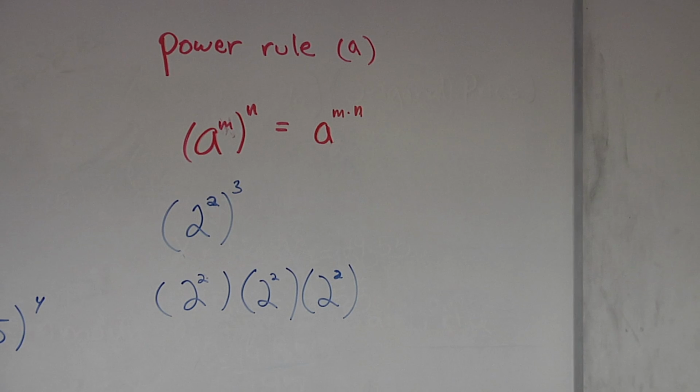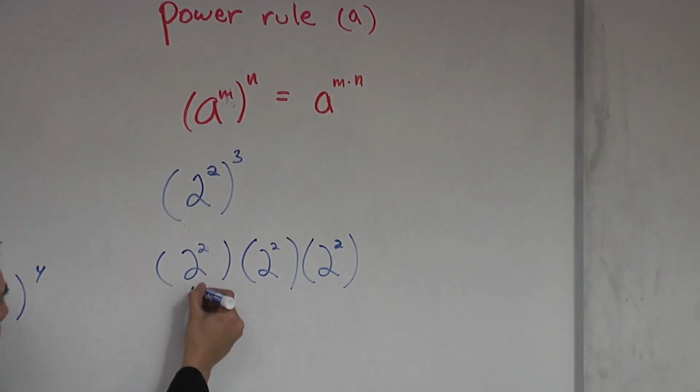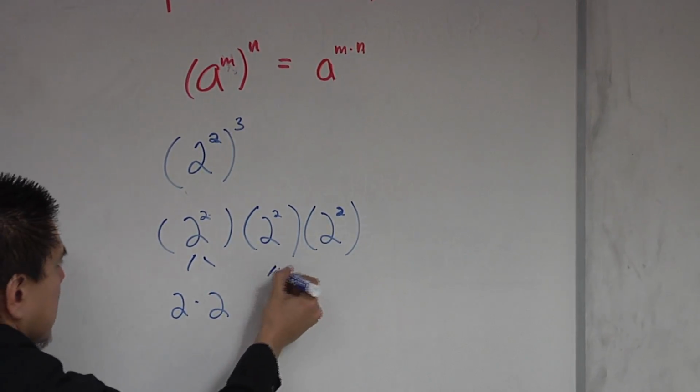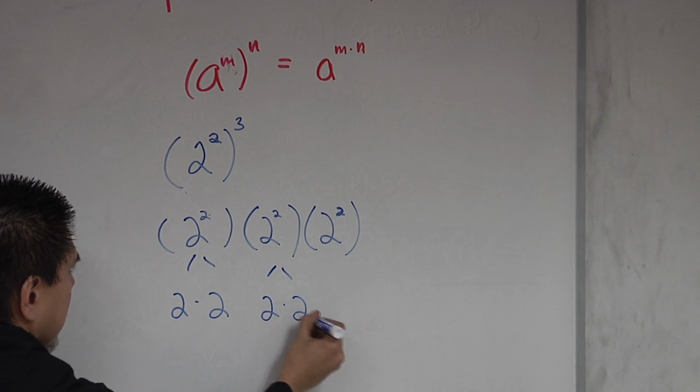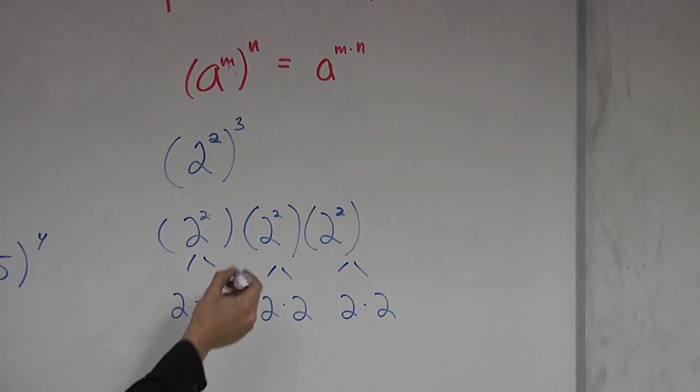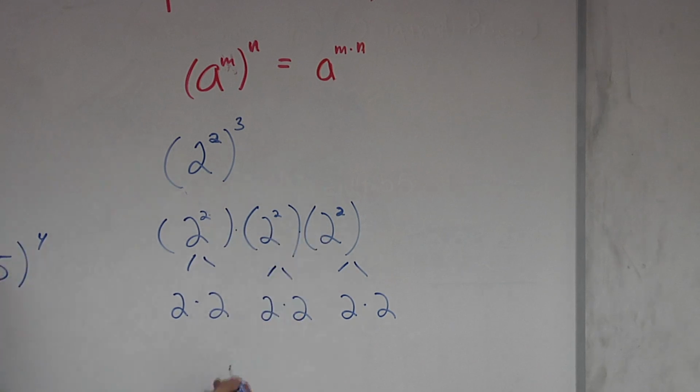Then we could expand this a bit further. This is really 2 times 2, this guy will give us the same thing, and this guy will do the same thing. Again, we're multiplying everything together. We don't really need those, but just to emphasize it.